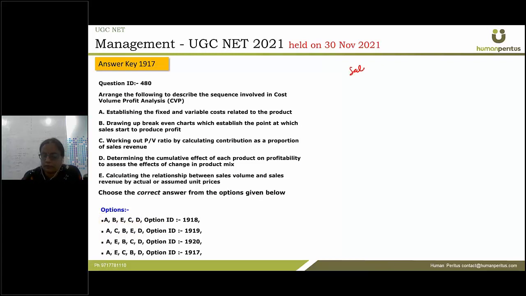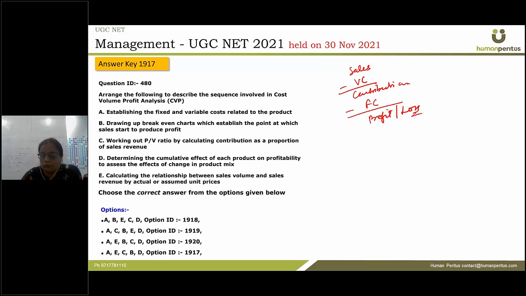How do we calculate contribution? Sales minus variable cost. We arrive at the figure of contribution, and then we deduct fixed cost out of it, and then we reach the figure of profit or loss. Okay, fine. Operating income for the business entity, right?